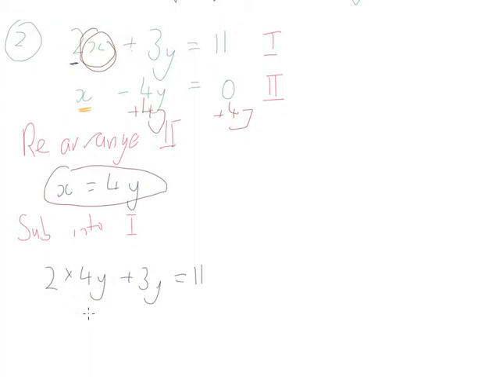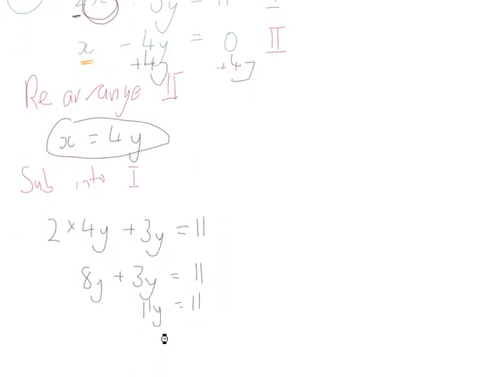Simplifying this, cleaning up a little bit, I get 8y plus 3y is 11. So I get that 11y is 11, y equals 1.